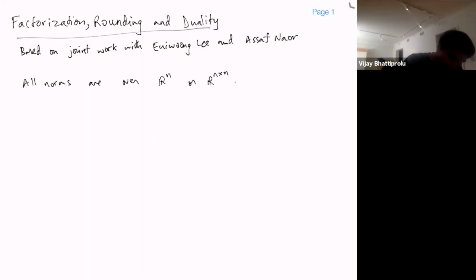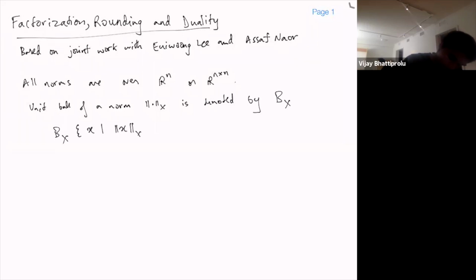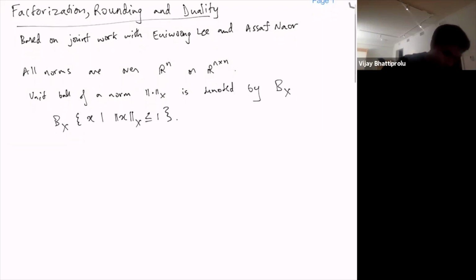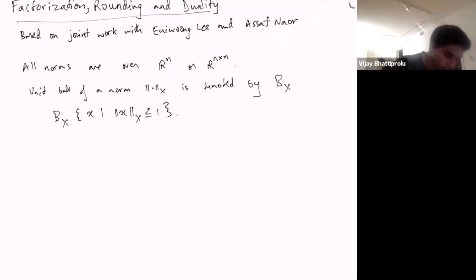The unit ball of a norm X is denoted by B_X, and of course it's defined as the set of vectors such that the norm of x is at most 1. So this is how you go from a norm to an origin symmetric convex body.